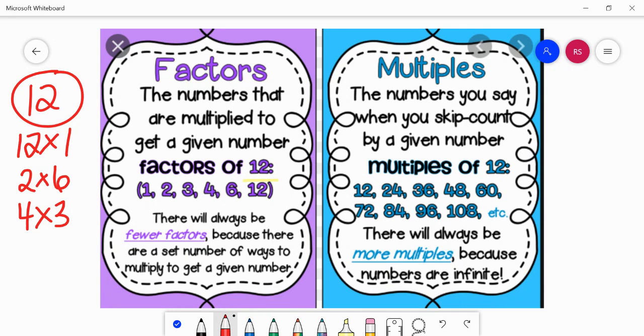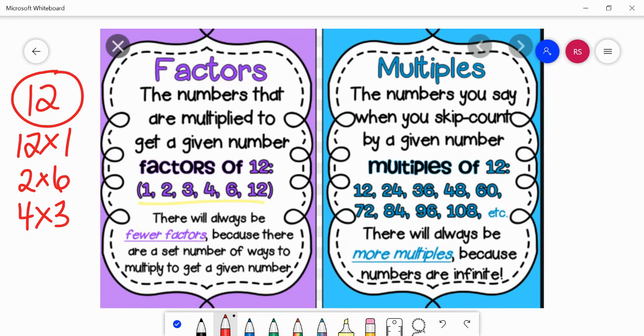Now, when we list the factors of 12, we always list them from smallest to largest. You can see here how they listed the factors of 12. They started with 1, then they went to 2, 3, 4, 6, and 12. Now I want to show you something cool. This is something that we practiced in class called the rainbow method.